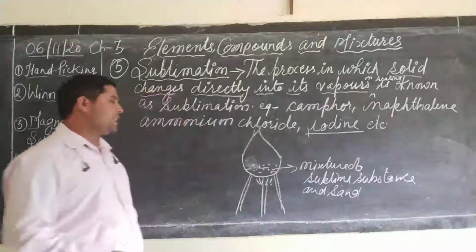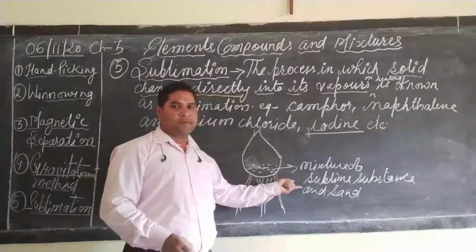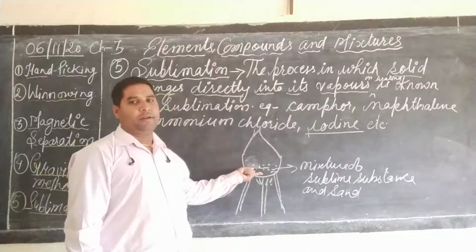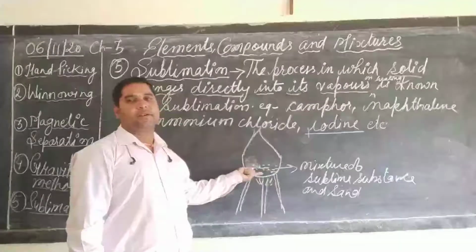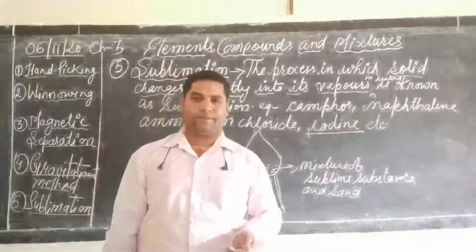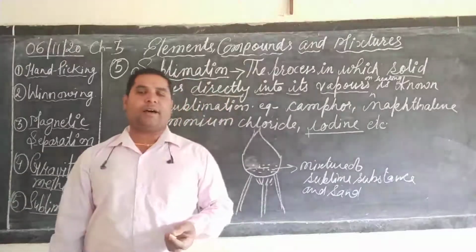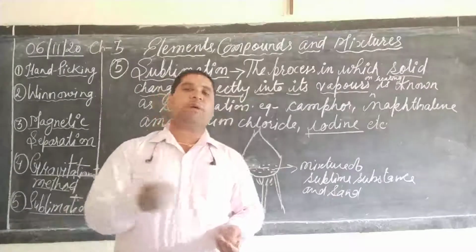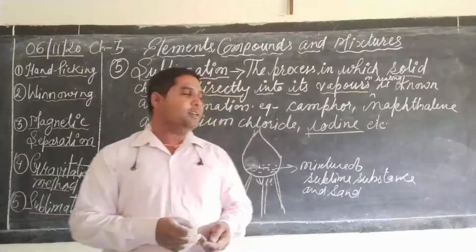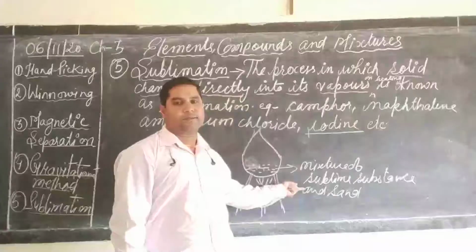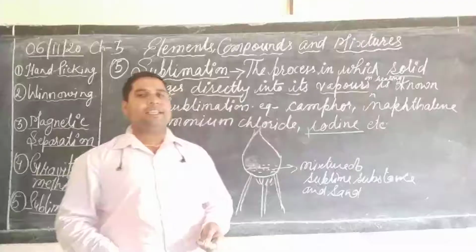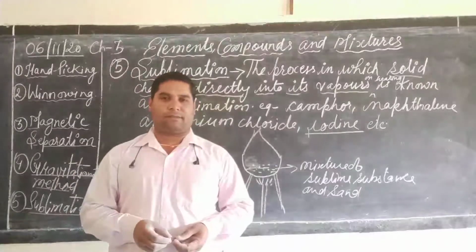On heating, what we see is that the sublime substance changes to vapor and separates from the mixture. So dear student, this particular method is used to separate the substance from a mixture in which one substance is a sublime substance and the other is non-sublimable. So it can be easily separated.